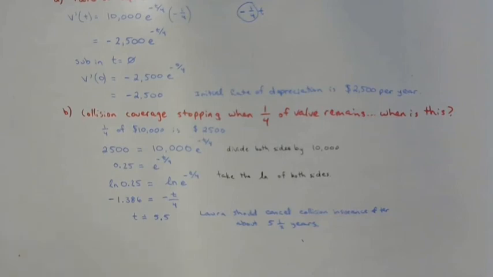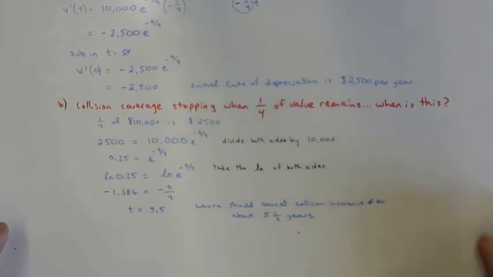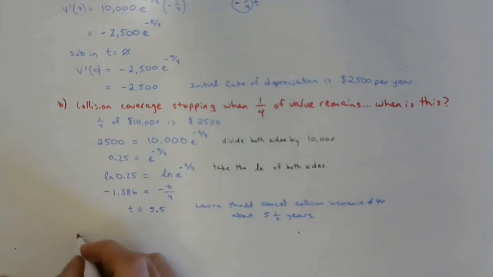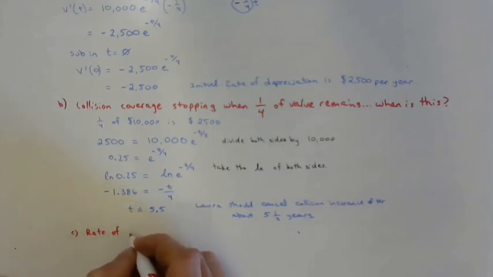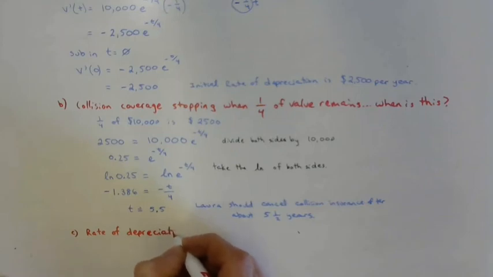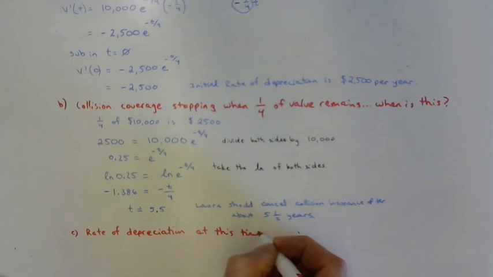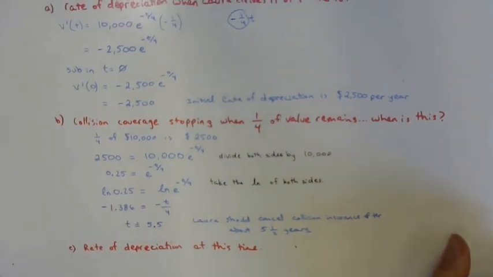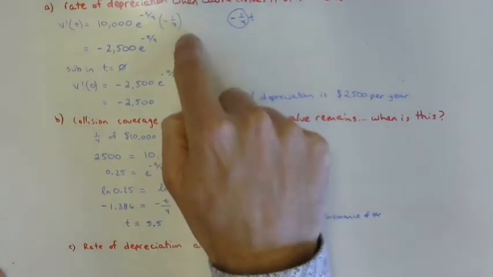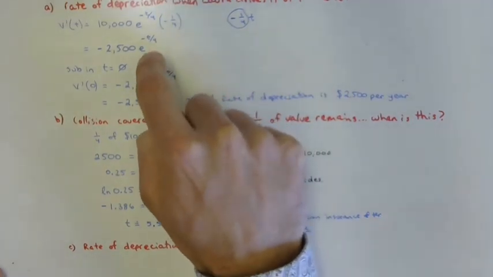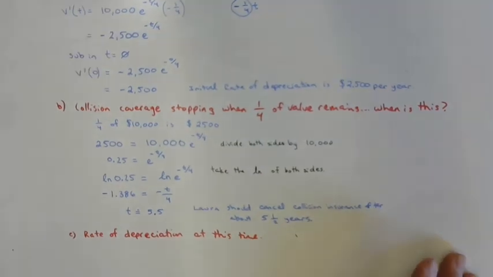And we have one more little section to do. We're going to look at C. What is the rate of depreciation at this time? So then all we need to do is take our rate of depreciation formula, which is right here, and sub in t equals 5.5.